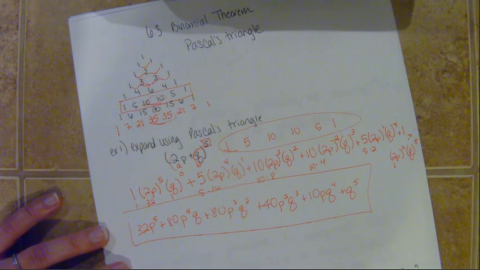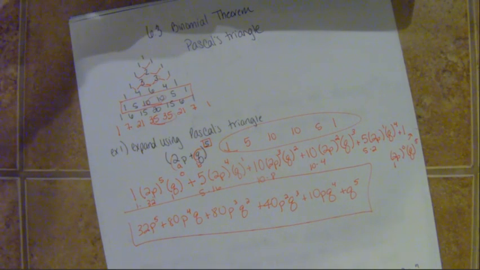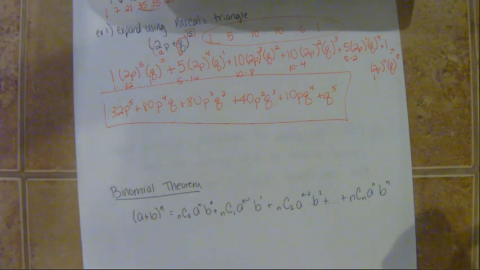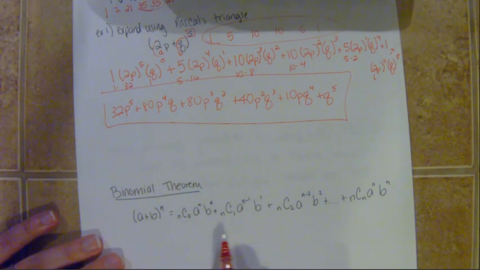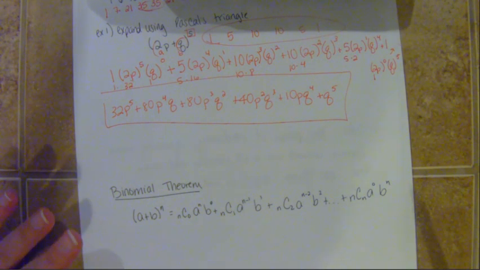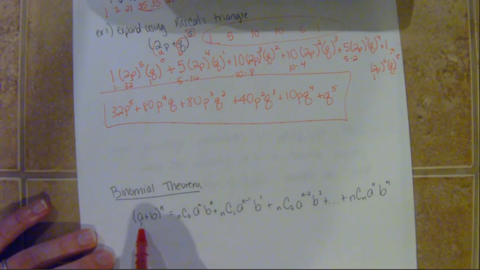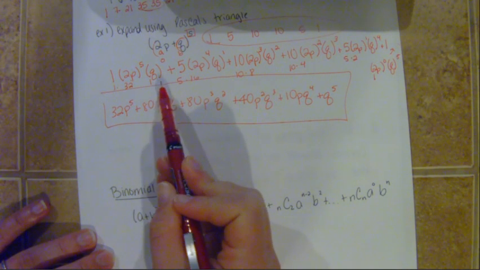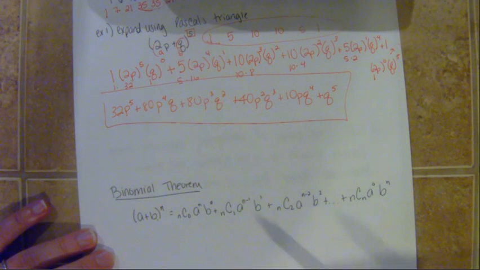Now, the binomial theorem, if we think about combinations, sorry, I lost my word. If we think about combinations, that's going to actually help us create those coefficients. So this binomial theorem here, if you look at it, it looks very complicated, but let's just walk through it for a second. So if I have some binomial to some power, just like I had this a term and this b term to the 5th power.